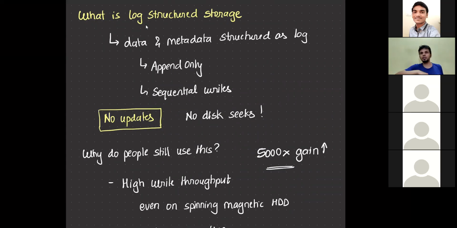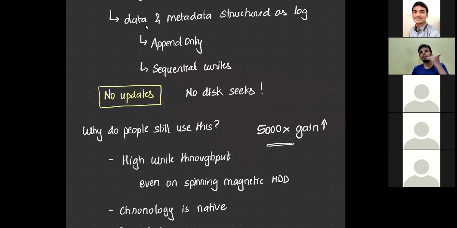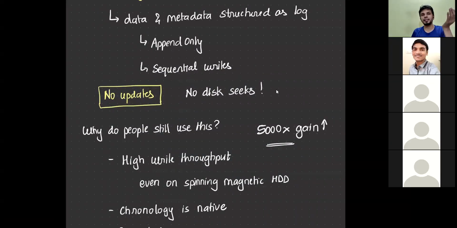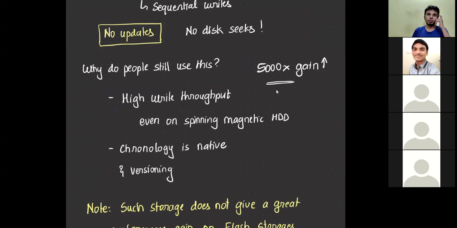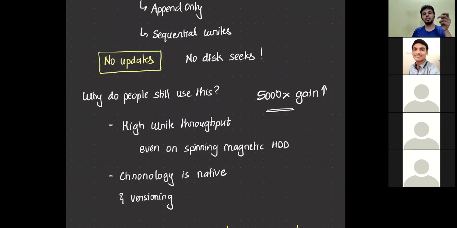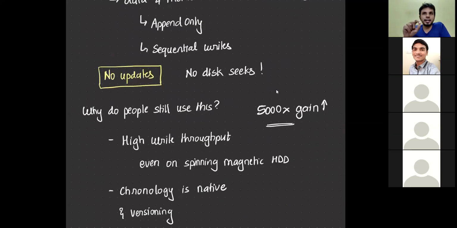When you're reading, you may want to do a disk seek and read, but for writing, you are not allowed to. It's basically how log files are created in existing systems, like Nginx log files or Gunicorn log files. It's exactly that. So why are they beneficial? You might not see a massive advantage of a log structured file if you're using an SSD.